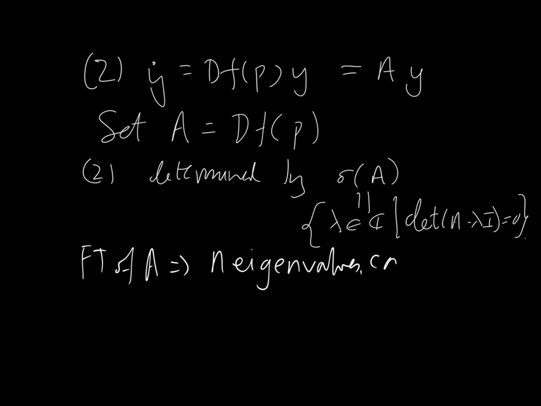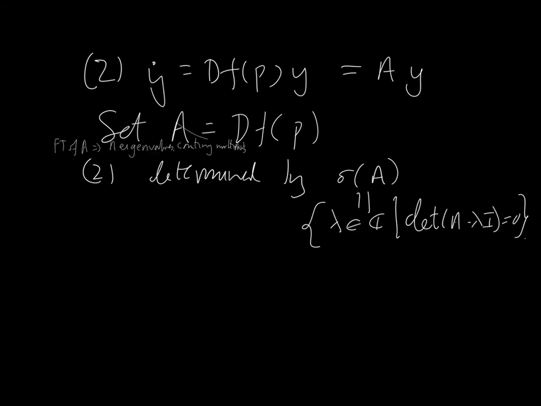So there may not actually be n points in the spectrum, but if we count each of them by the multiplicity of the eigenvalue, that is the algebraic multiplicity, which is the number of times the associated factor appears in the characteristic equation, then they all add up to n.